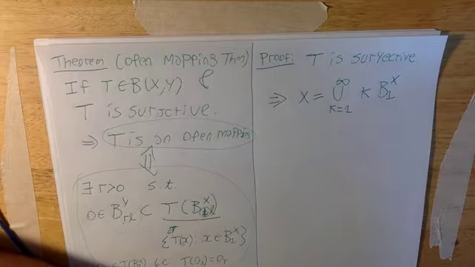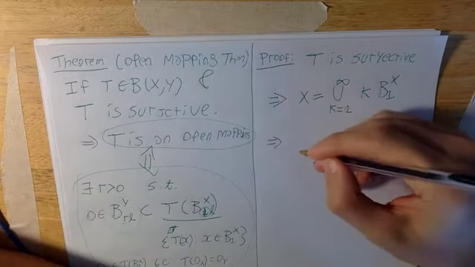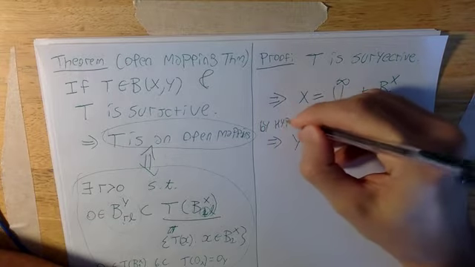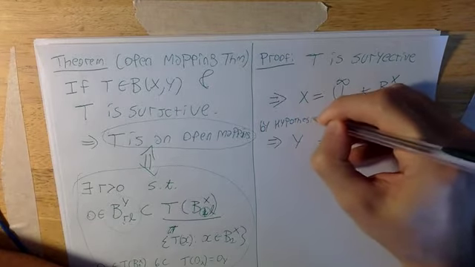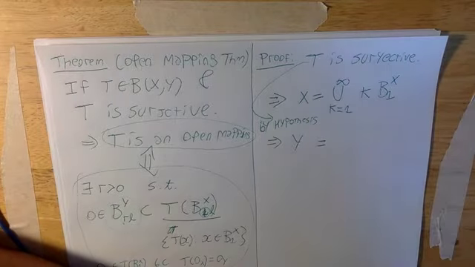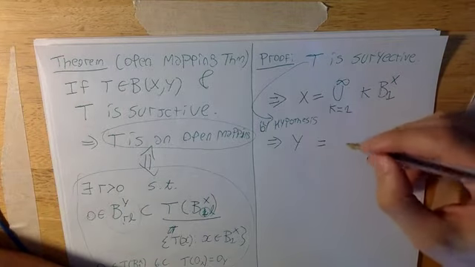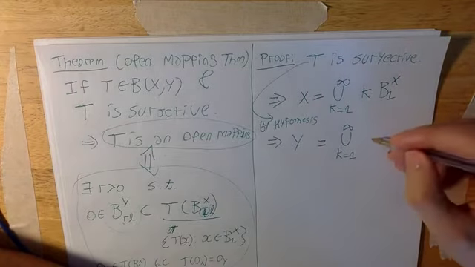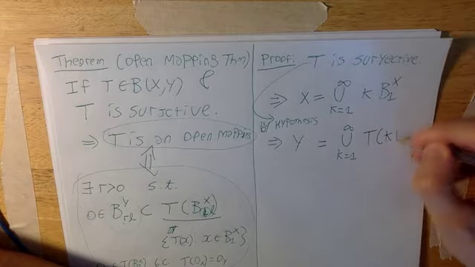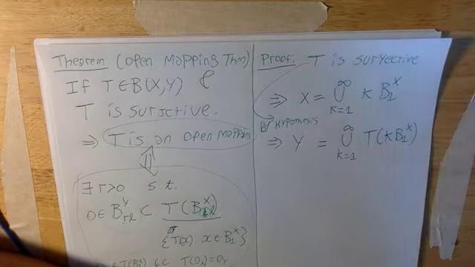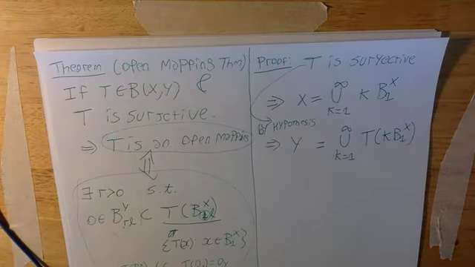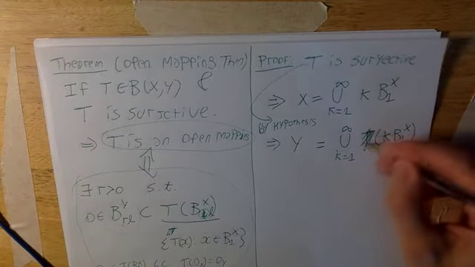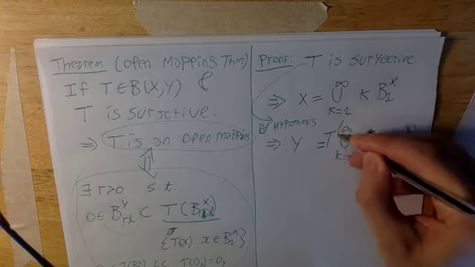So then, what is our hypothesis? By hypothesis, T is surjective, so Y is equal to the union from k equals 1 up to infinity of T of k B1(X).